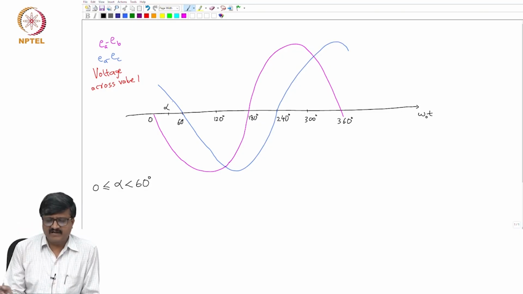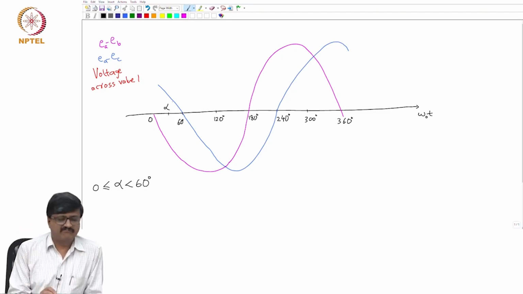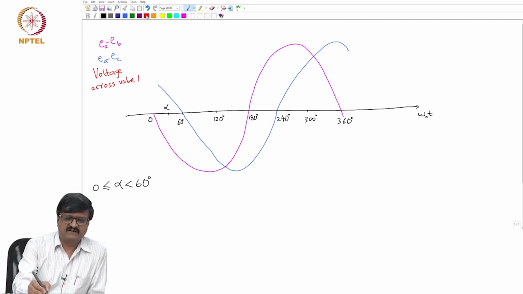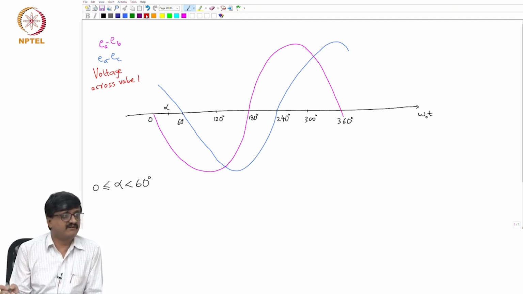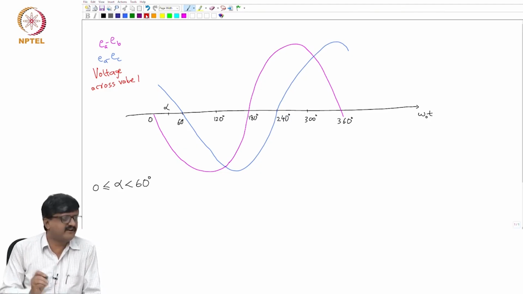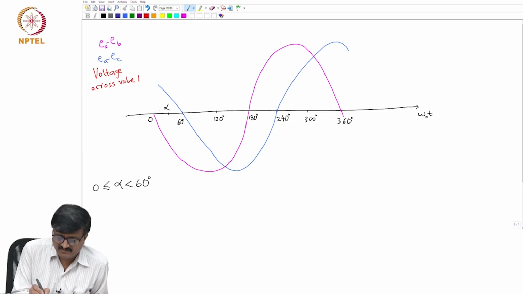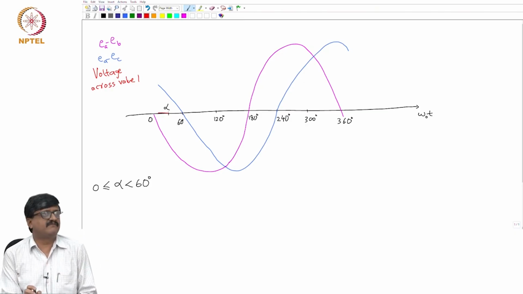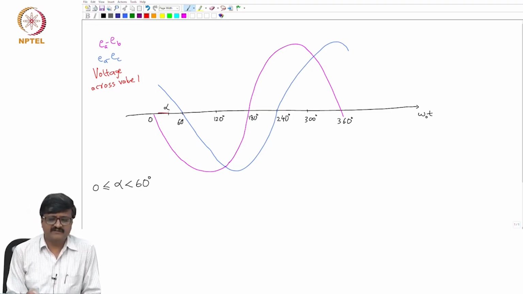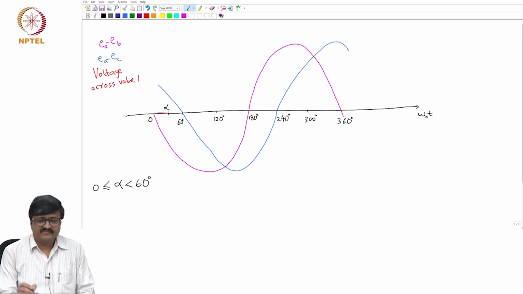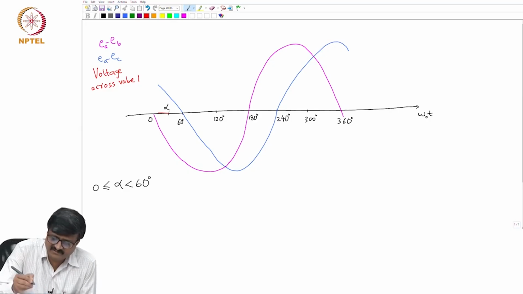So for omega t slightly below alpha, what is the voltage across valve 1, just before valve 3 is turned on? Valve 3 is turned on at alpha, so it is 0. As soon as valve 3 is turned on, the voltage across valve 1 just jumps to EA minus EB.